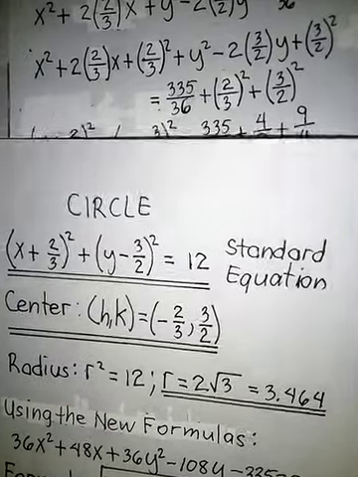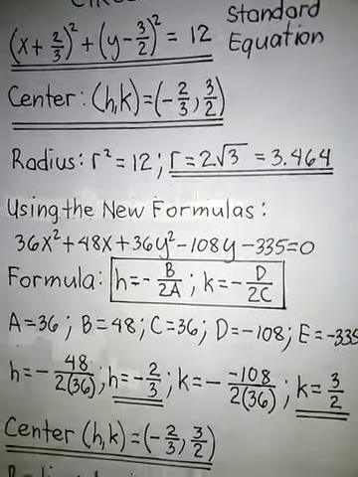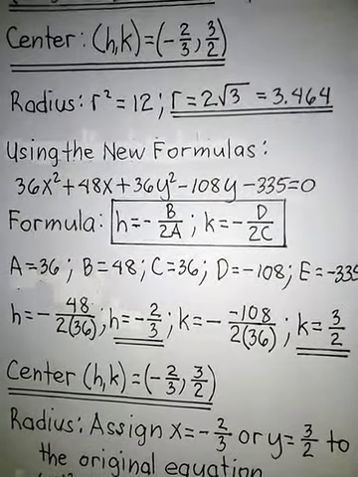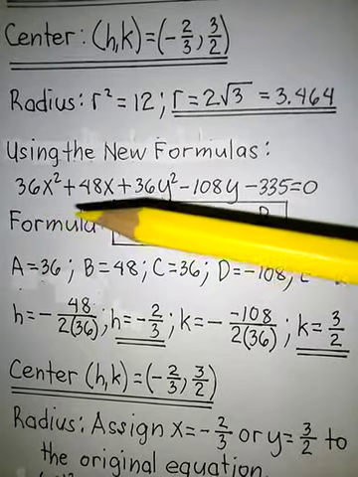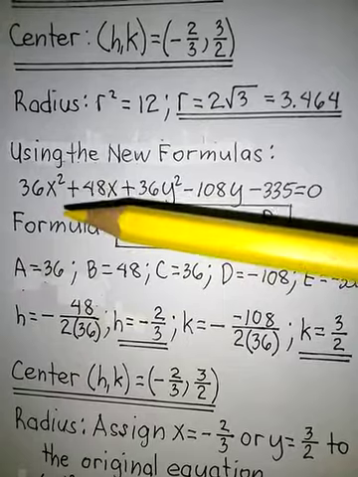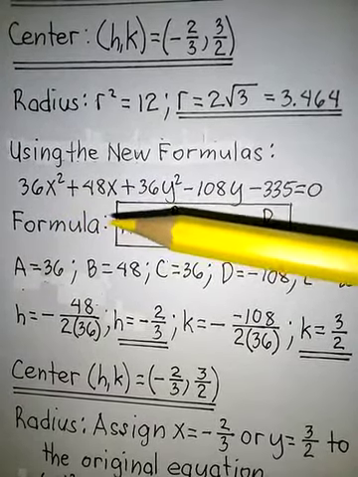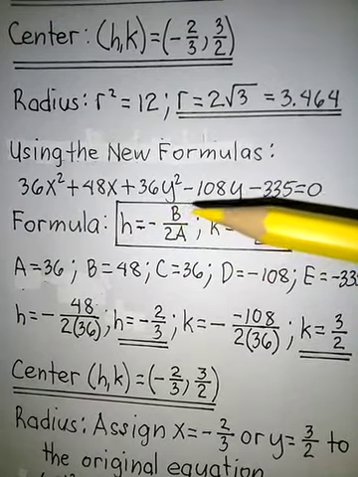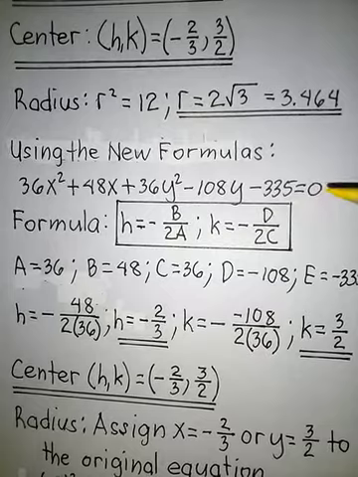Now, using the new formulas, we again arrange the given equation into the revised form. So we have 36x² + 48x + 36y² − 108y − 335 = 0.